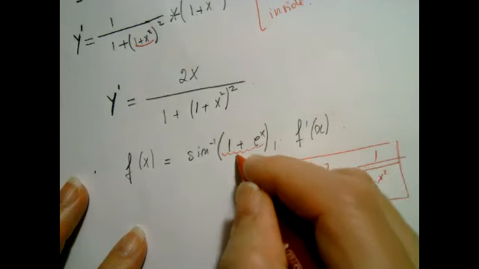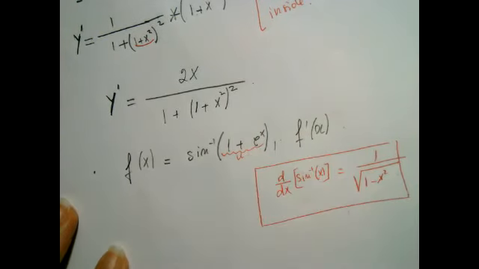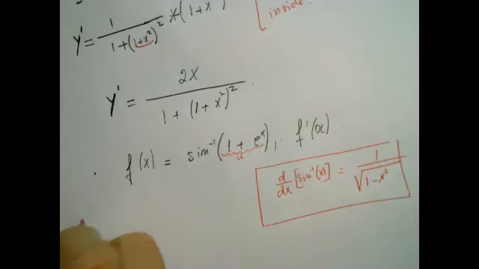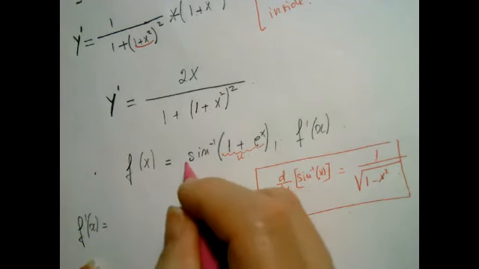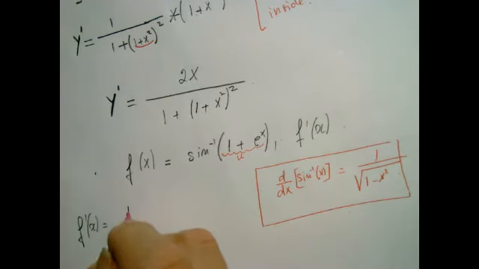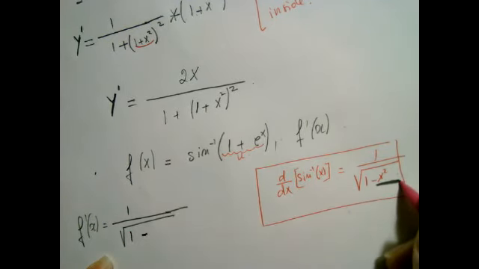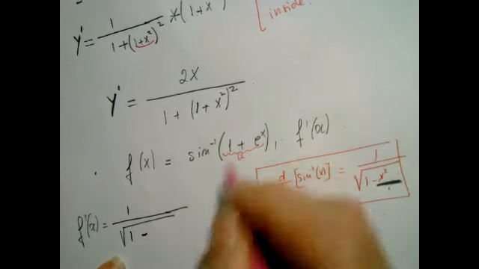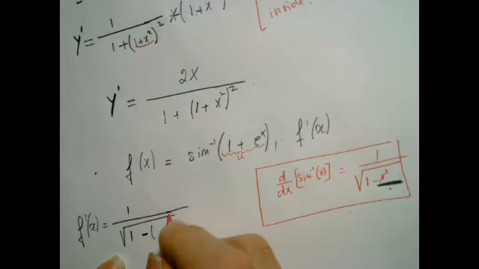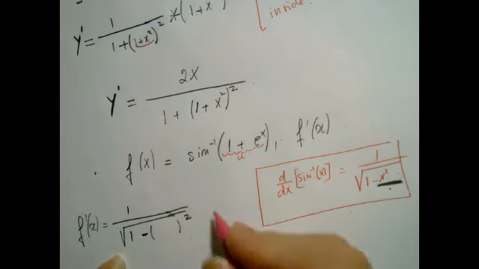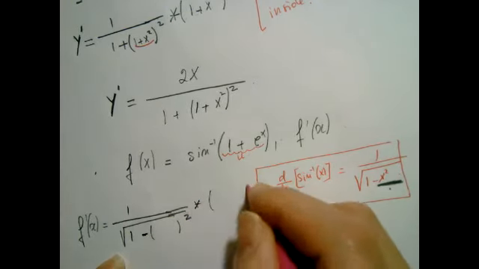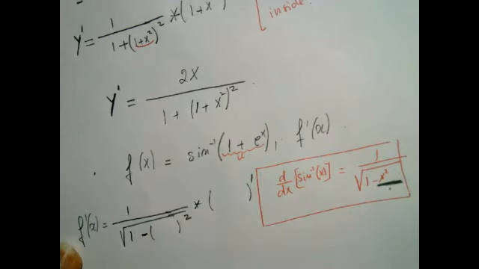Now again, the sine inverse of 1 plus e to the x. This is my inside. That's my u. So what's going to be my f prime? It's the derivative of the sine inverse, which is 1 over the square root of 1 minus, evaluated at the inside. It means instead of x here, I have to put my inside, times the derivative of my inside.